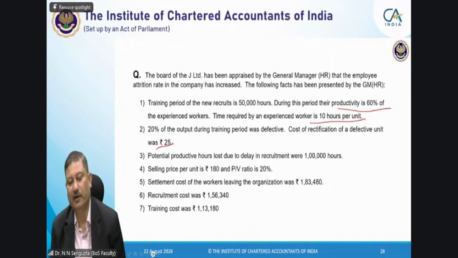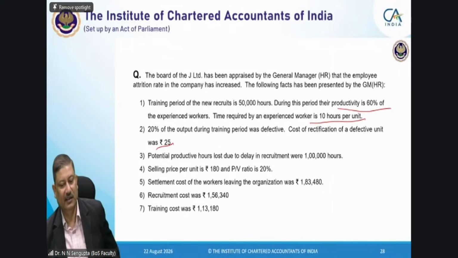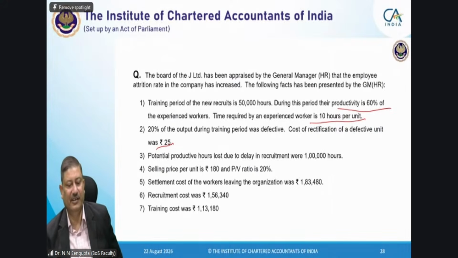Potential productive hours lost due to delay in recruitment is 1 lakh hours. Selling price per unit is 180 and PV ratio is 20%. Settlement cost of the workers leaving the organization was 183,480. Recruitment cost was 156,340.